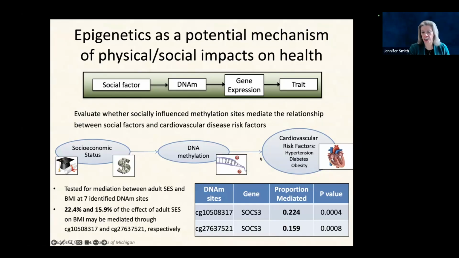Well, does it do it through changes in DNA methylation? Here we tested for a mediation, which is this pathway here, and found that 7 CpG sites did show some mediation effects. They seem to be mediating about 20% of the pathway between socioeconomic status and health here.